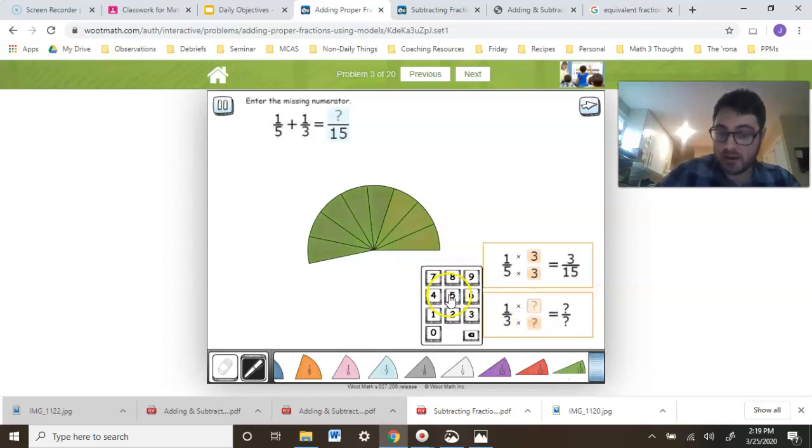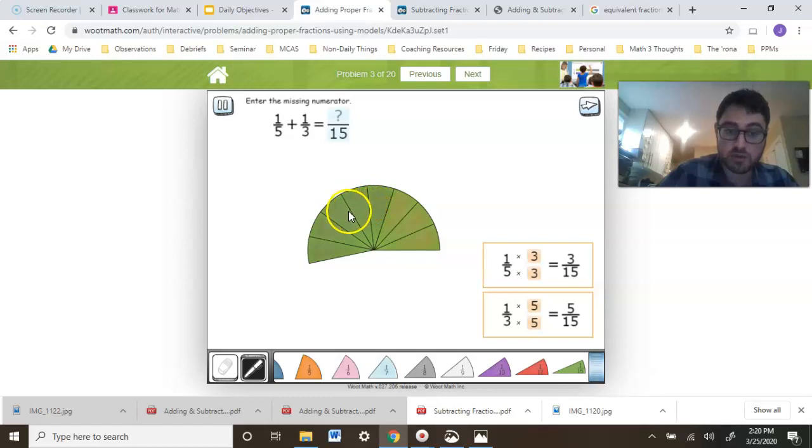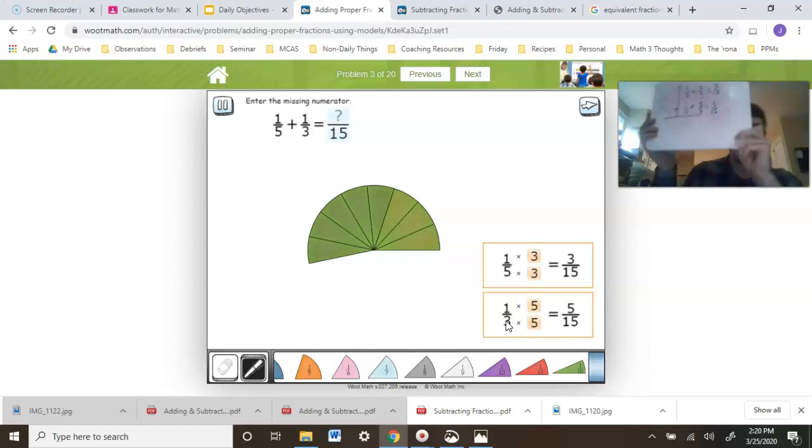So over here, I'm going to write times 5 times 5, because now I have 1, 2, 3, 4, 5 parts for 1/3. And on my page, I'm going to write the same thing, times 5/5, which equals 5/15.